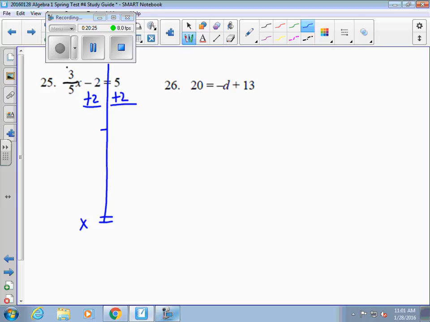So 5 plus 2 is 7, and you have 3 over 5 x is equal to that still. Now this says 3 over 5 right next to x, which means 3 over 5 times x. Remember, in order to undo times something like this, you divide. Okay, so that's totally fine. We divide by 3/5. We do both sides divided by 3/5.